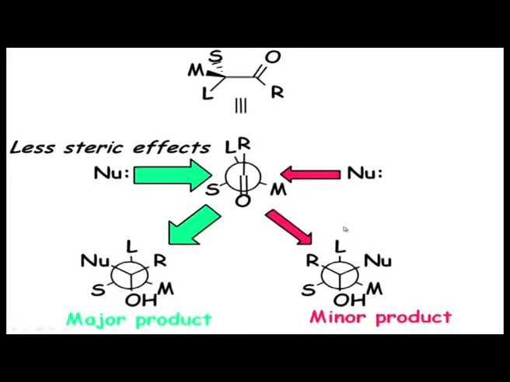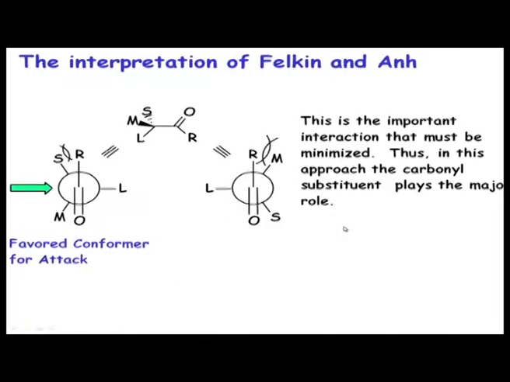Now, there are other rules. Felkin and Anh differed from Cram. They said the actual preferred conformation is one where the large group is perpendicular, orthogonal, to the carbonyl group, and that is the preferred one. So, if you have the same compound, according to Felkin and Anh, you have to put the large group perpendicular to the carbonyl R axis.